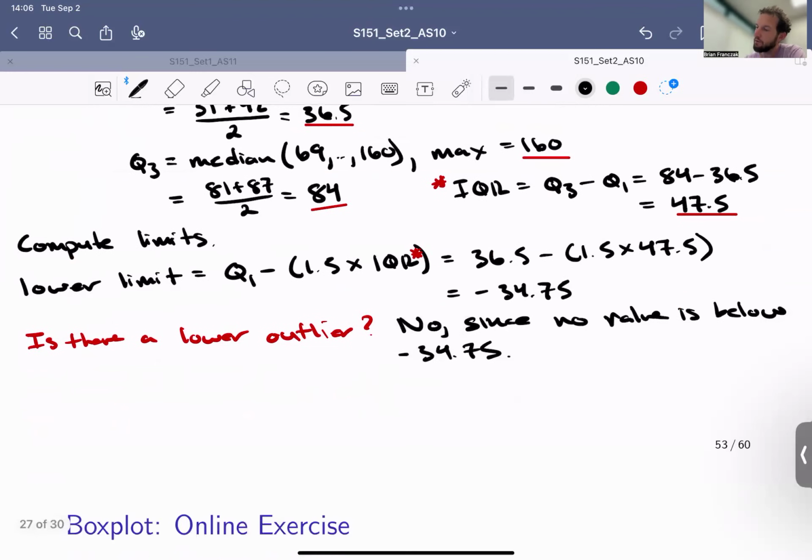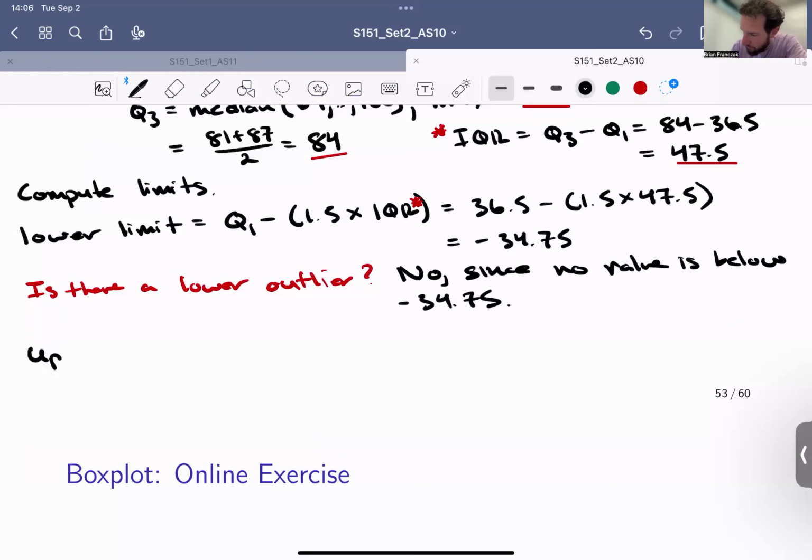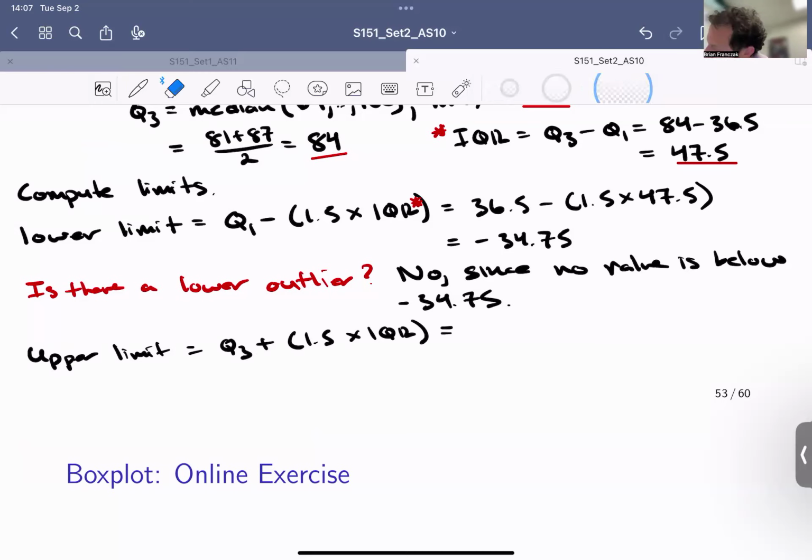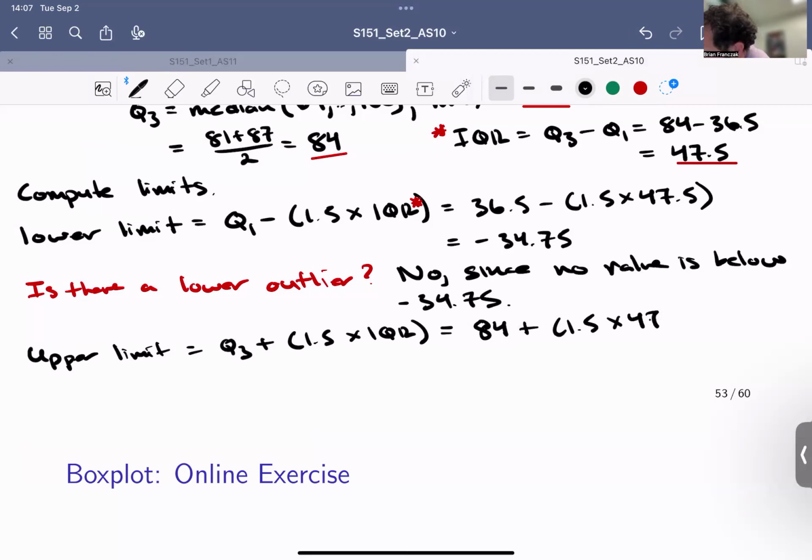Now we have to do the exact same thing for the upper limit. So the upper limit is Q3 plus 1.5 times the IQR. So this is going to be our third quartile, which is 84 plus 1.5 times 47.5, which is 155.25.